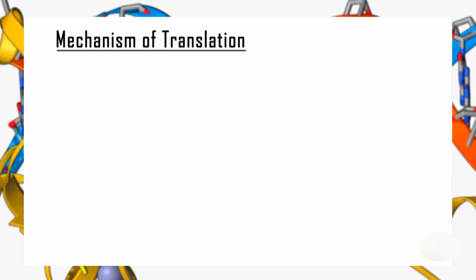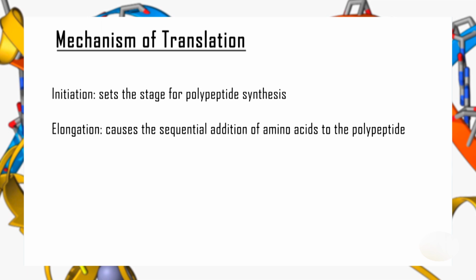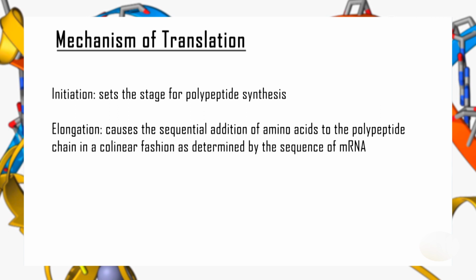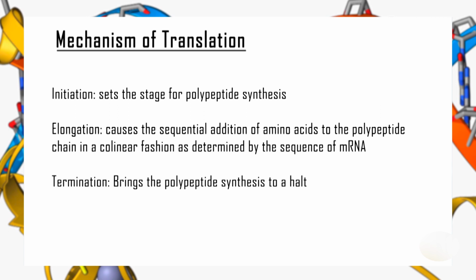Then the mechanism of translation. The three steps of translation are: first is initiation, which sets the stage for polypeptide synthesis; then elongation causes the sequential addition of amino acids to the polypeptide chain in a collinear fashion as determined by the sequence of mRNA.